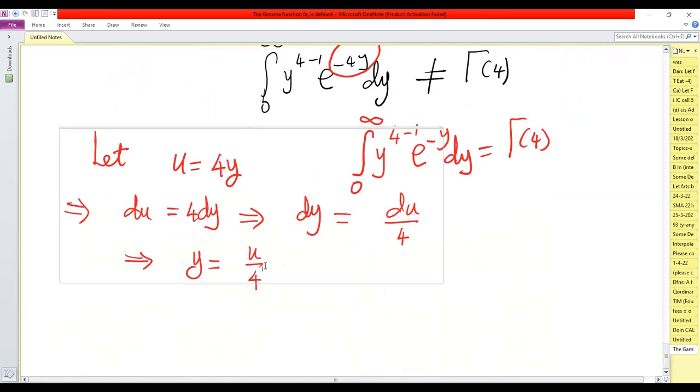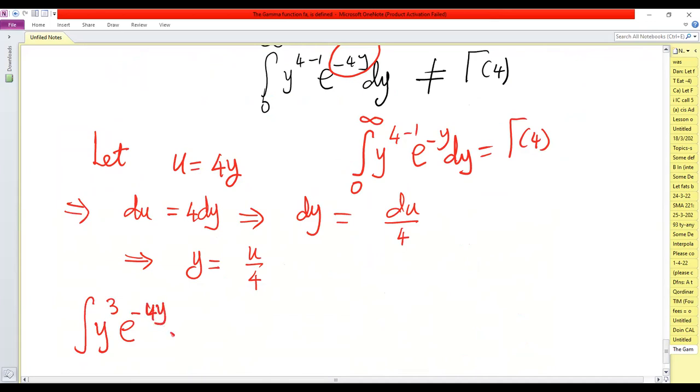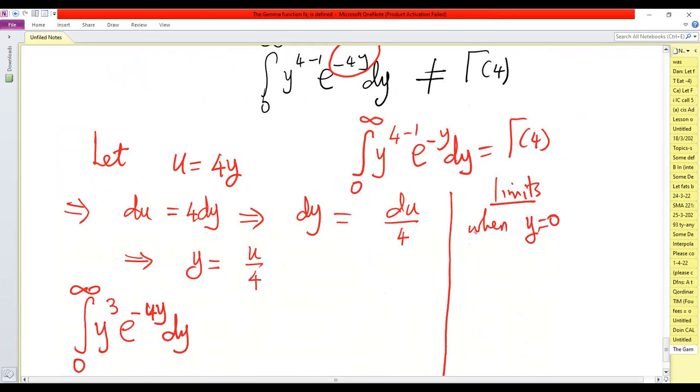So we'll now rewrite the integral of y power 3 e raised to power minus 4y dy, with limits from 0 to infinity. Remember, when you are doing the transformation, you also have to take care of the limits. These are limits for y. When y is 0, then u will be equal to 4 times 0, so u will also be 0.